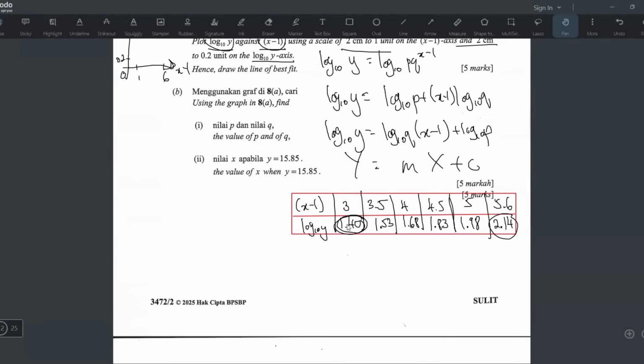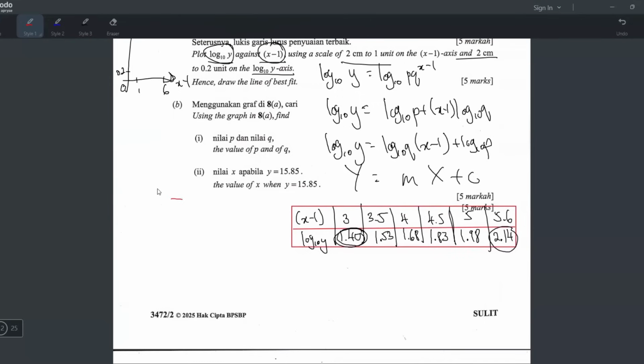So 1.4, if I turun, it becomes 1.2 because it's 2 cm to 0.2, right? So if I minus 0.2, I get 1.2, but minus lagi, you leave like 4 kotak before the 1.4. So minus 0.2, 1.2, minus lagi 1.0, minus lagi 0.8, minus lagi 0.6.